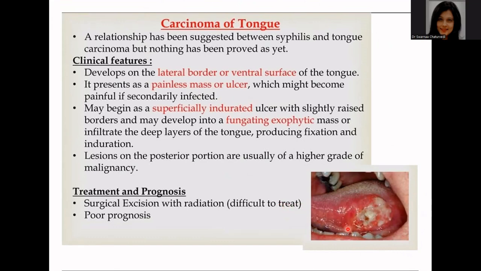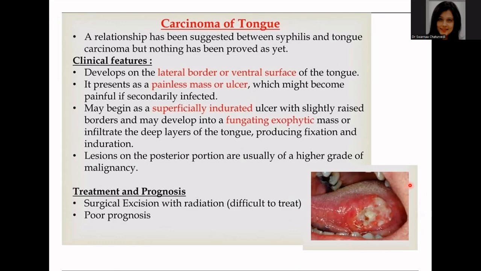So how does it present? It presents as a painless mass or ulcer, which might become painful if it is secondarily affected. It may begin as a superficially indurated ulcer with a slightly raised border, which is a characteristic of the carcinomatous ulcer, and may later develop into a fungating exophytic mass, or it may infiltrate the deeper layers of the tongue, producing fixation and induration.